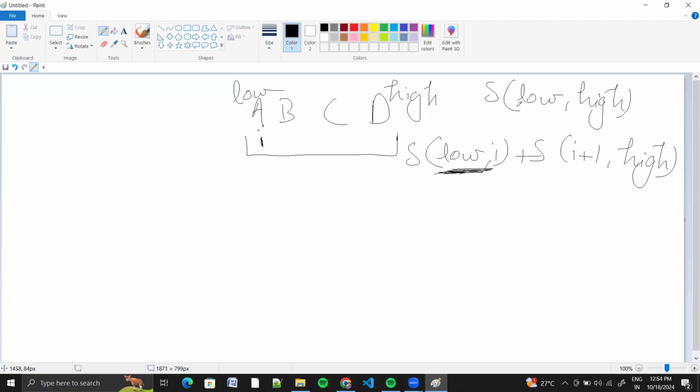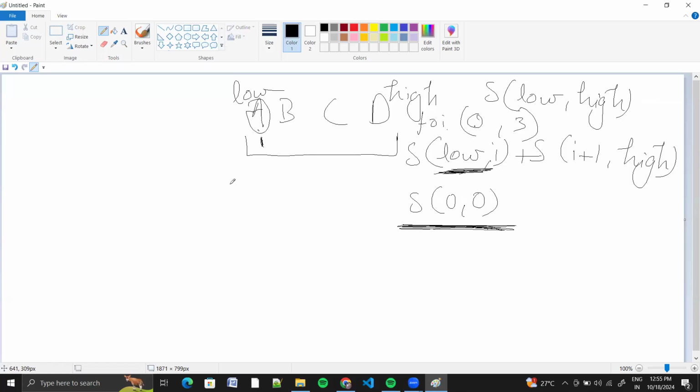So if let's say low was 0 and high was 3, so there's a loop for i in 0 to 3. So i is initially 0 and low is also 0, so it will become 0 0. That basically means that we are not multiplying any matrix, we are just having a matrix. Okay, we are just having a.